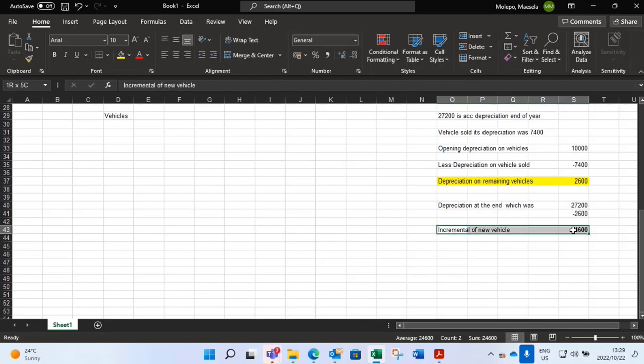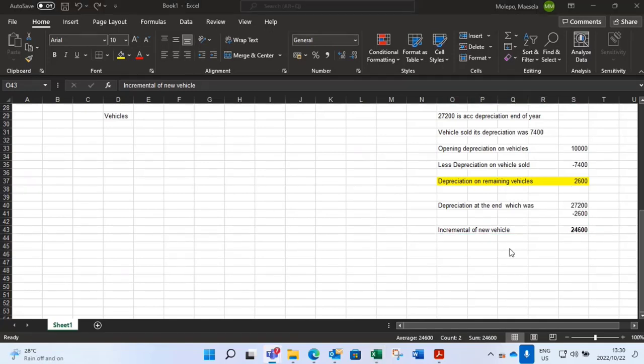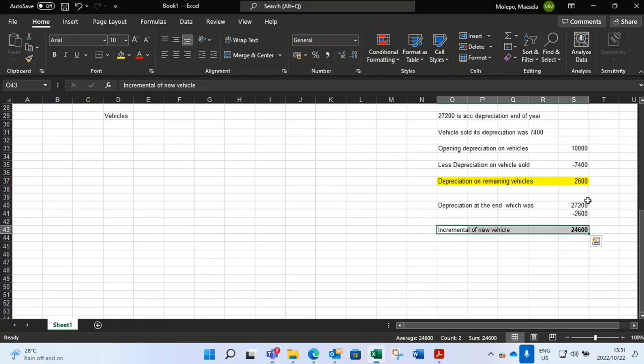I see this calculation, but I don't follow it. Just hold on. I was questioning this incremental of a depreciation, whereby I was saying if they want to exclude the depreciation on the remaining vehicle, then it must also form part of the current depreciation for the year.